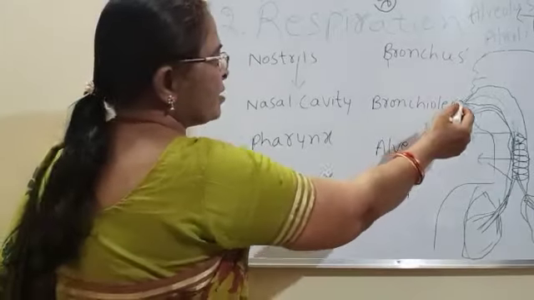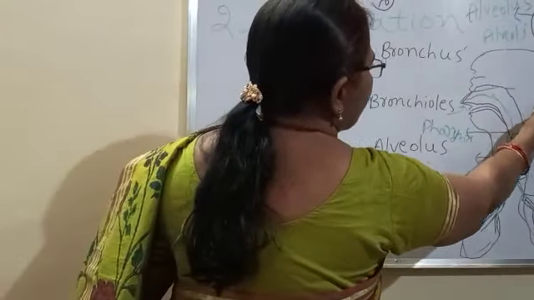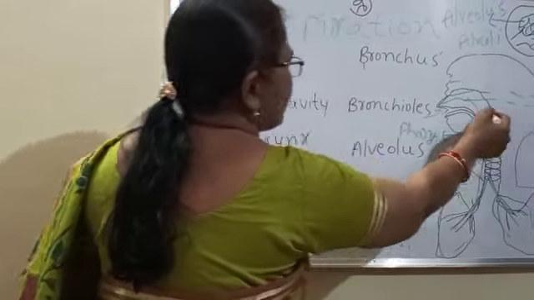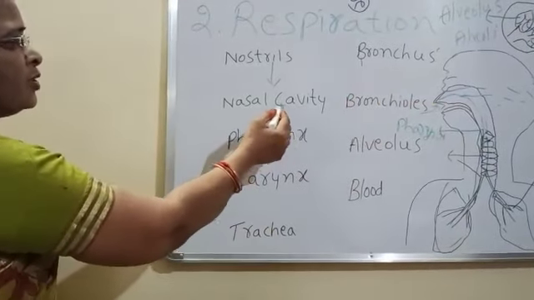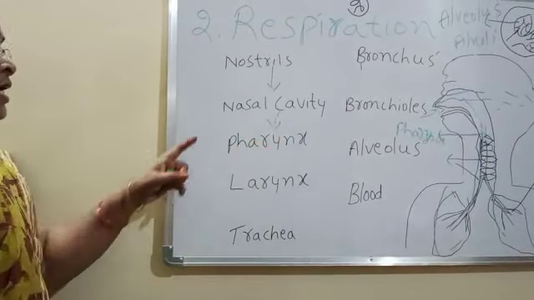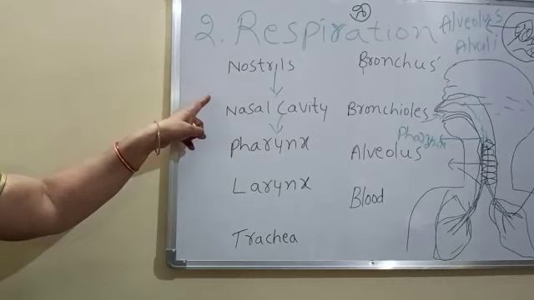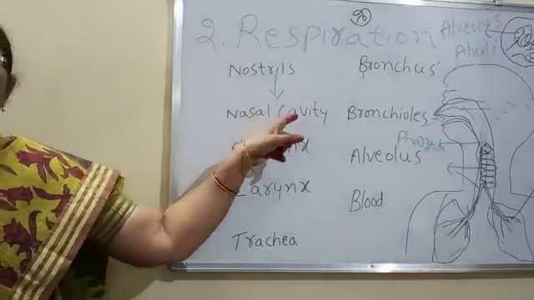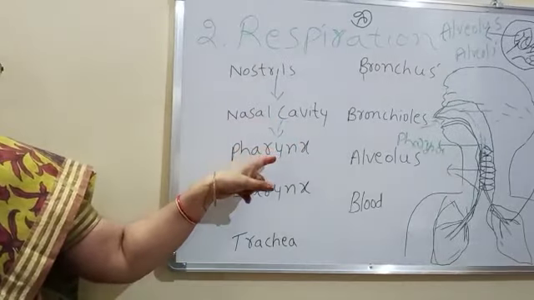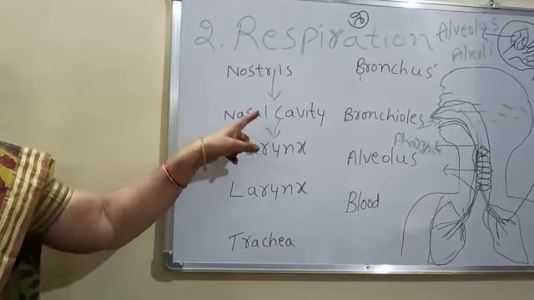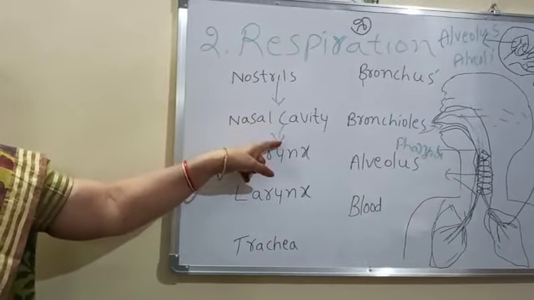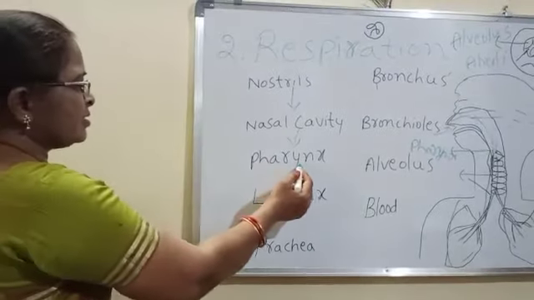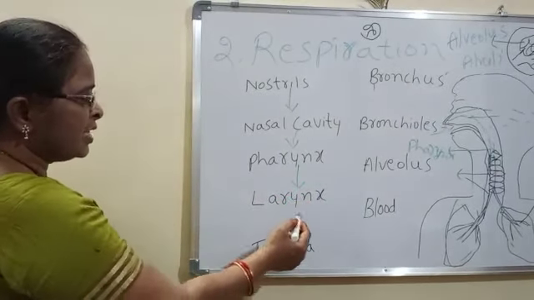The nasal cavity is here up to the ear. In the nasal cavity the air will be moistened and the same temperature as the body will be maintained, and after that the air will enter into the pharynx.